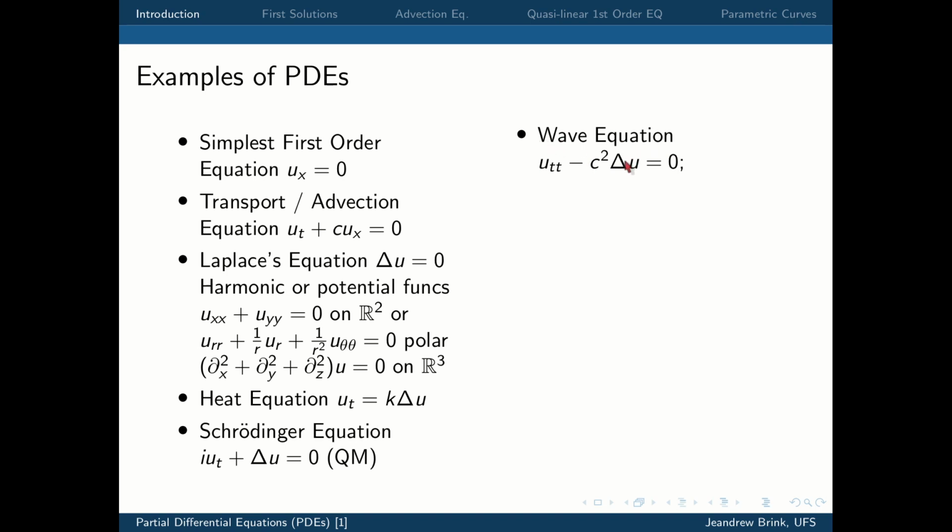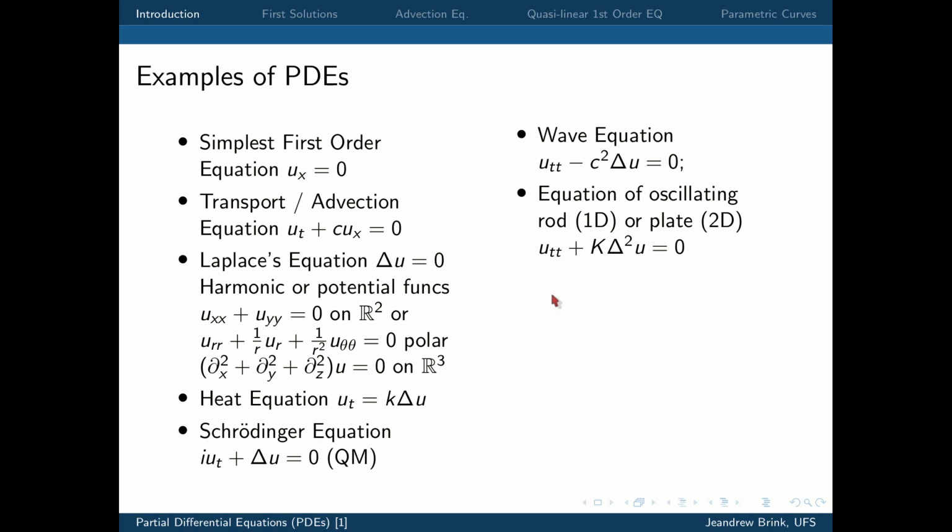All these equations have certain solution techniques that are common to them, as well as properties that are unique to the different types. This is an example of a hyperbolic, this one's a parabolic, and this one's an elliptic equation. All these simplest equations are linear, so you can see there's u rather than u squared or something else. Those are the ones we're going to study in detail as the course goes on.